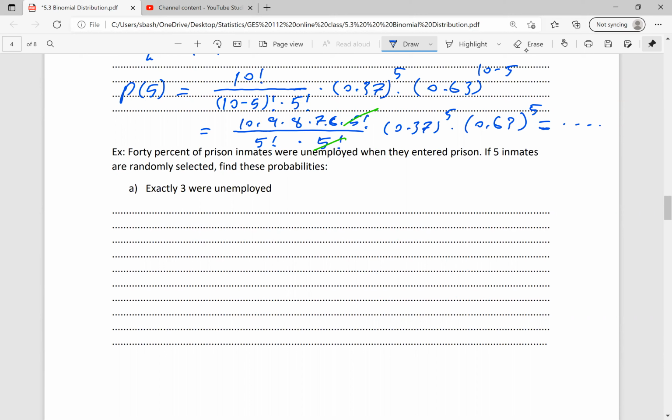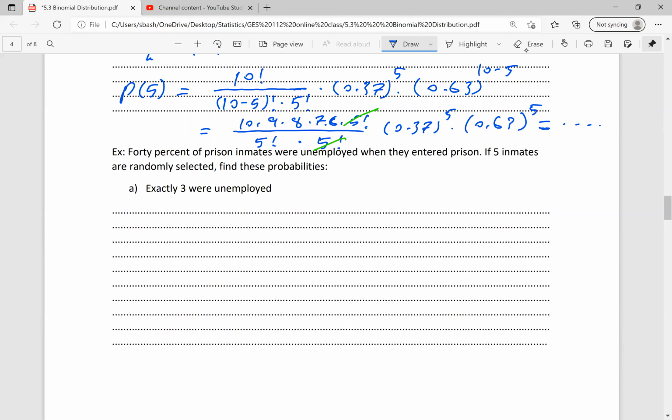Now in the next example, 40% of prison inmates were unemployed when they entered prison. If 5 inmates are randomly selected, find the probability that exactly 3 were unemployed. First of all, is this a binomial experiment or not?